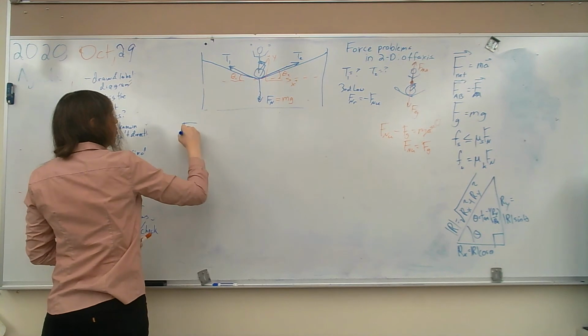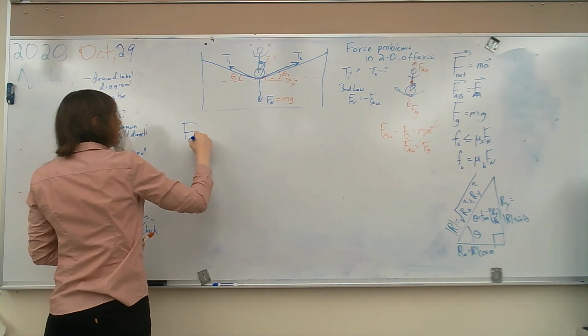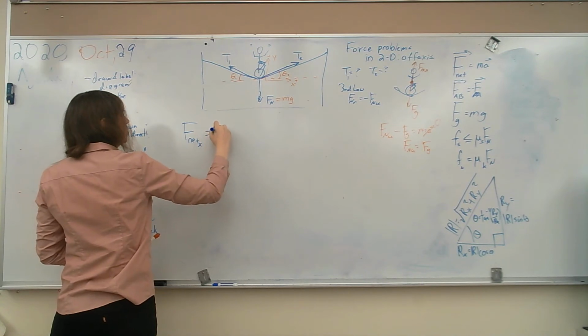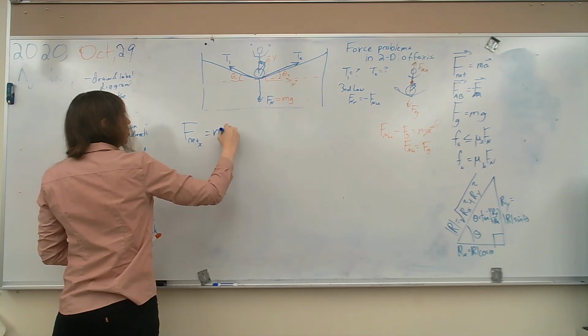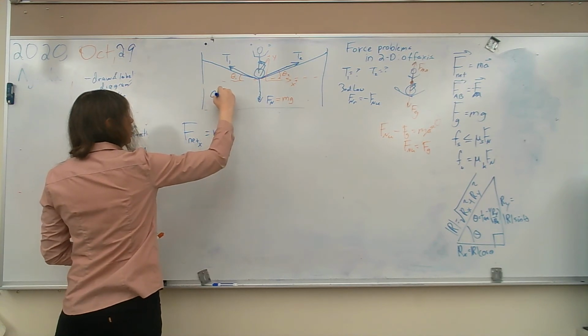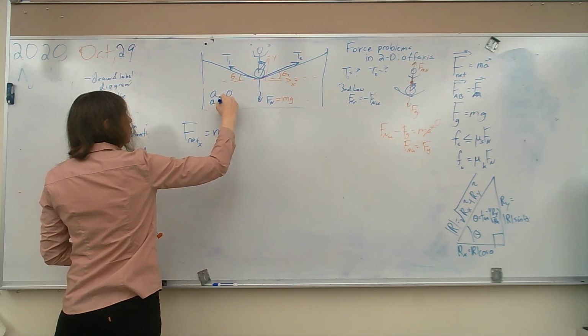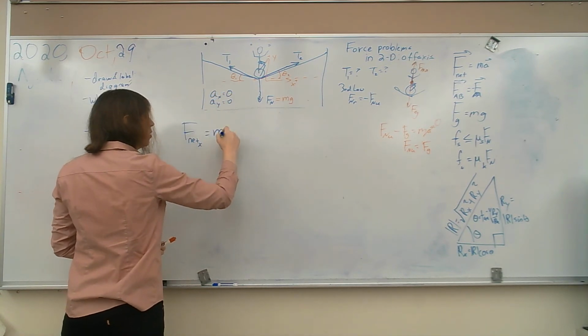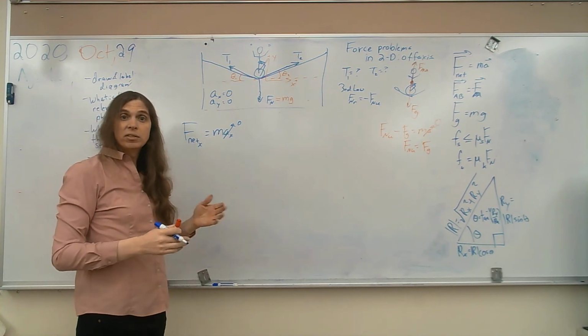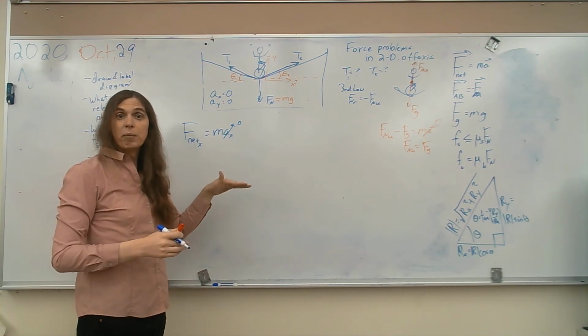We're going to have the net force in the x direction equals mass times x acceleration, and we're saying here that we're in equilibrium, so that we're not going to bounce our rope up and down.